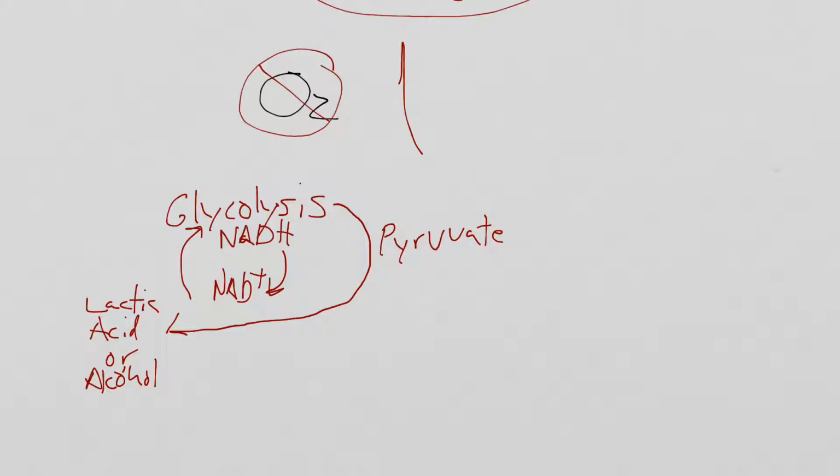So that is really important, because really all fermentation is recycling stuff so that you can keep on making energy in the short term. You run out of energy, what's going to happen? Well, you're going to die. Okay, so even though the 2 ATP isn't a whole lot of ATP, 2 ATP is better than 0 ATP.